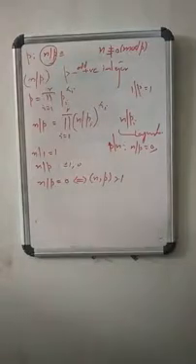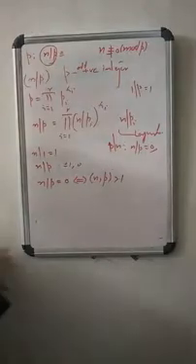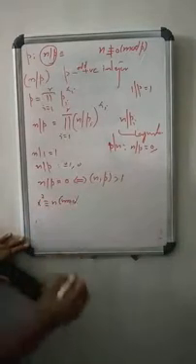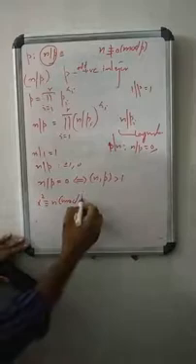Okay. Now consider the congruence relation x square congruent to n mod p.